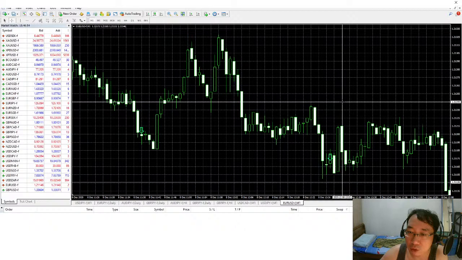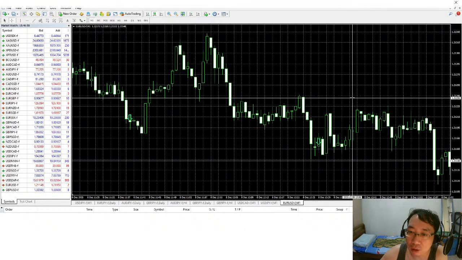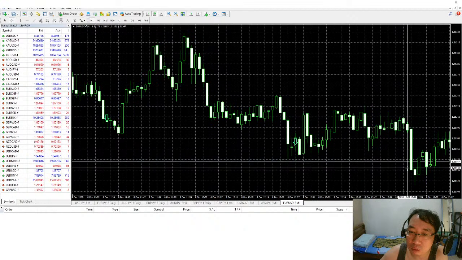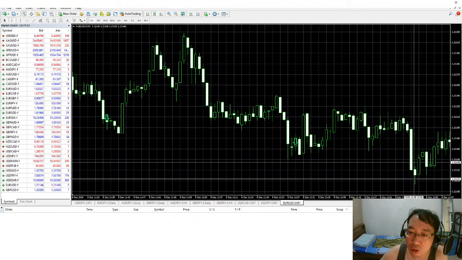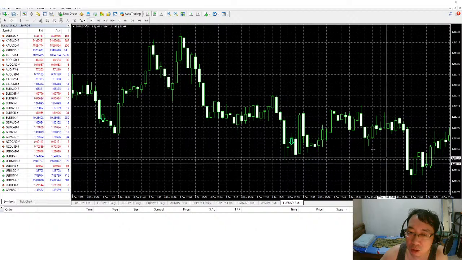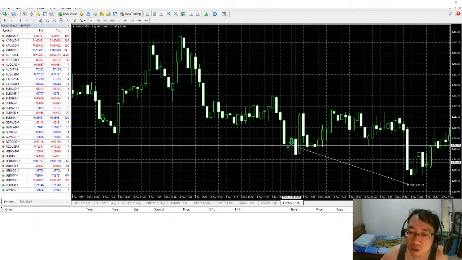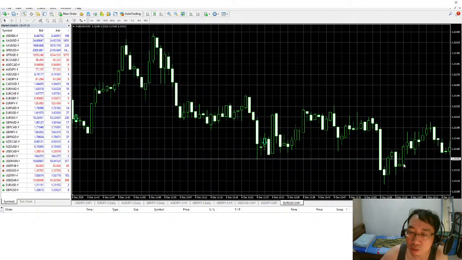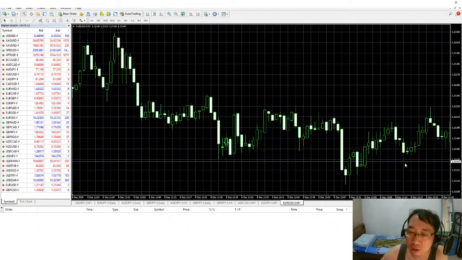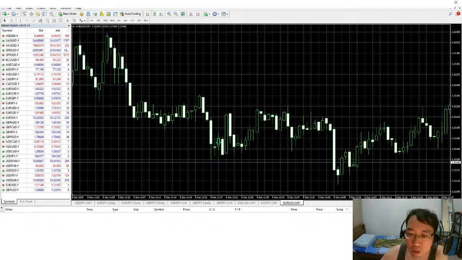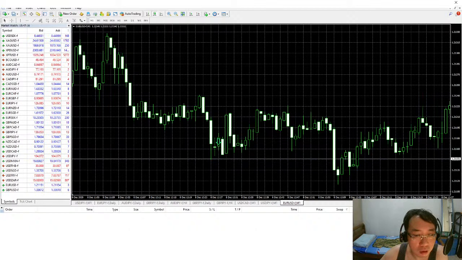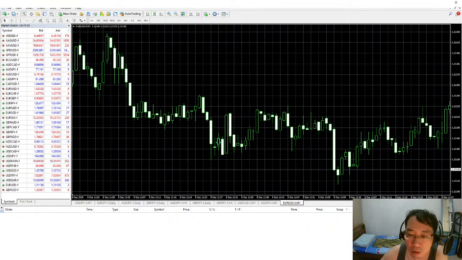But if I had set the stop loss here and let it ride, would it have eventually gone down? Not really. Not much gain. It proceeded to go sideways as well. Okay, that was 12:29.